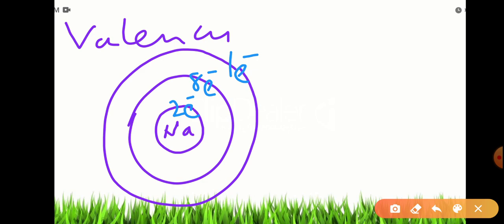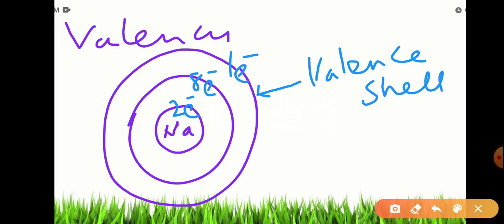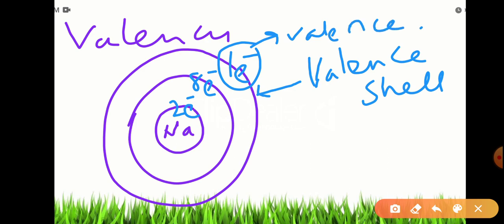Number 1, this last shell is called the valence shell. The electron in the valence shell, here one electron, is called the valence electron. So here only one valence electron is present.